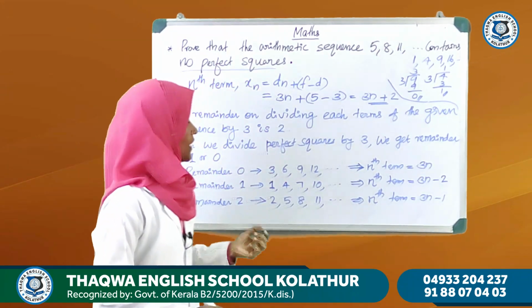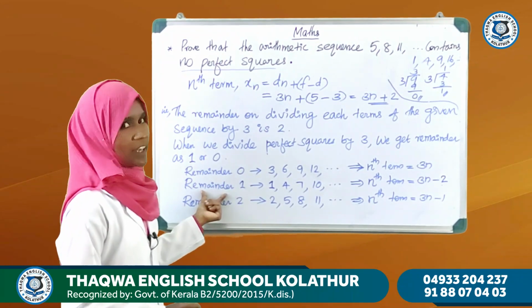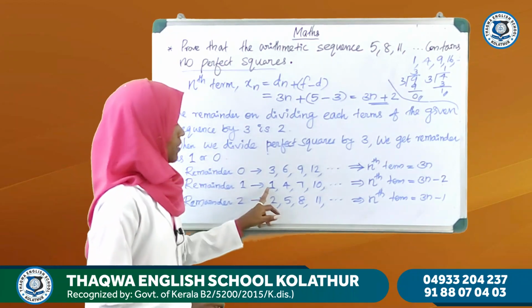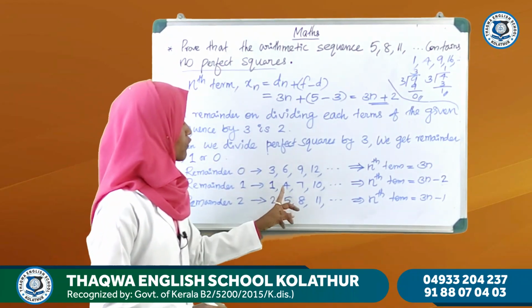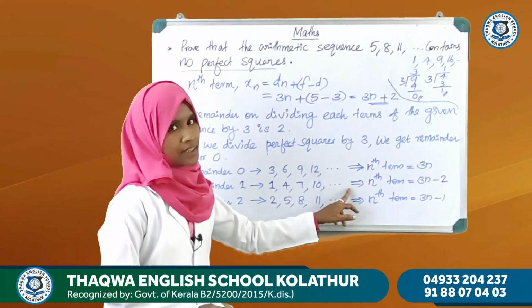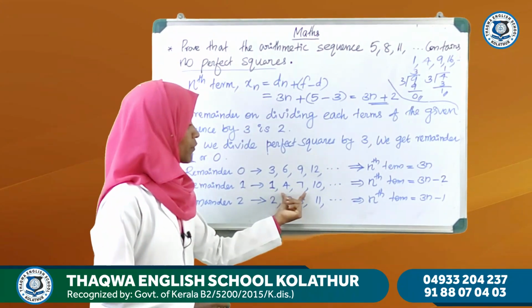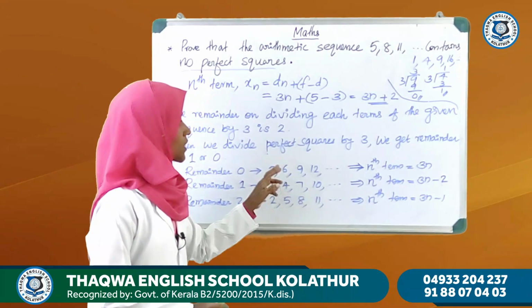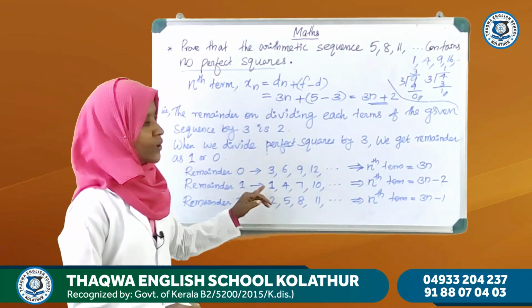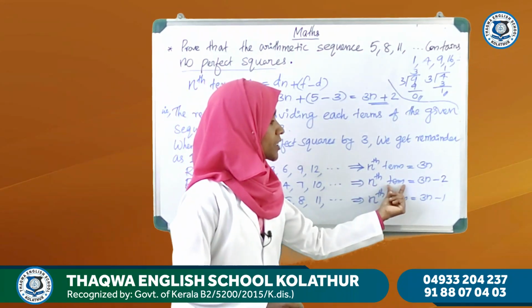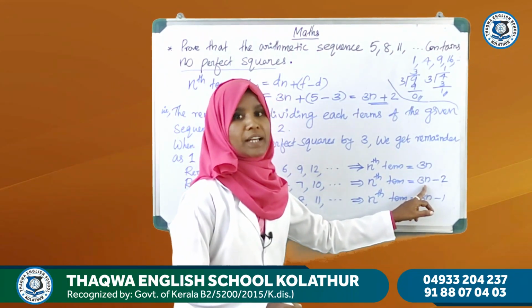Next, in case of remainder 1, which are the terms or numbers? 1, 4, 7, 10, etc. If we divide these numbers by 3, the remainder is 1. Now the nth term is 3n minus 2.